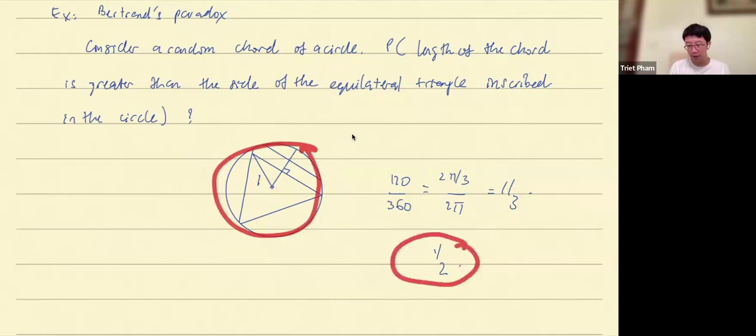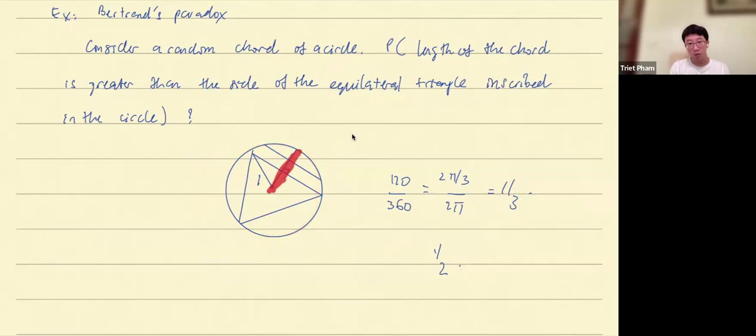On the other hand, the 1/2 is uniform around the radius. And you can check that if you pick a point uniformly along a circle, you're not going to find a point uniformly along the radius. Or if you pick a point uniformly along the radius, you will not correspondingly pick a point uniformly along a circle.